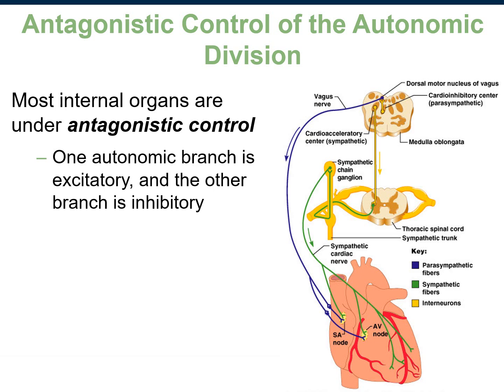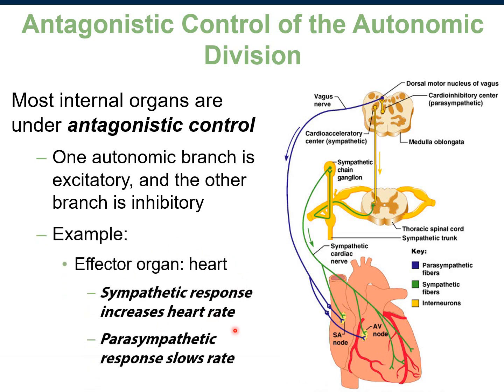But if you get up and go somewhere, sympathetic will kick in, and it will start increasing not only the rate, but also the strength of the contraction. So heart is a great example of almost a pure antagonistic control. Though what's interesting is that sympathetic modulates not only rate, but also strength of contraction, whereas vagus really only modulates rate to a major degree.